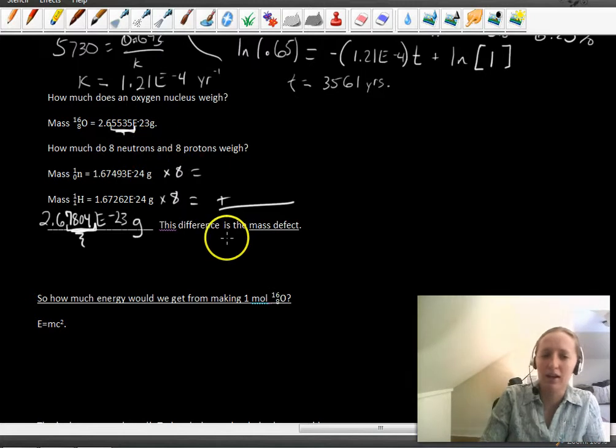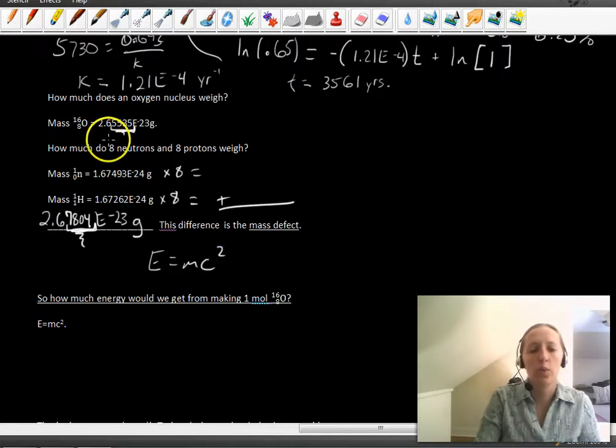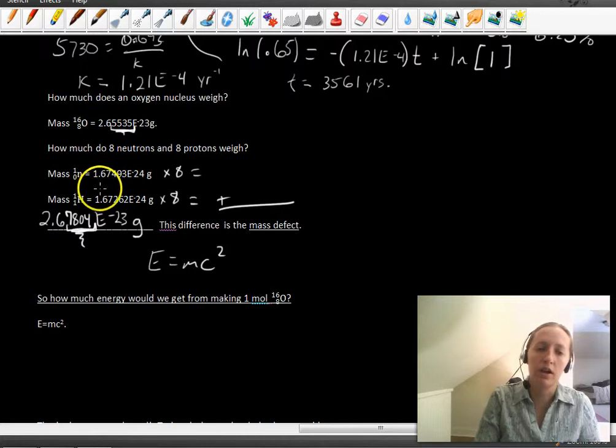The reason for that comes to E equals mc squared, which is when the particles are together in a nucleus, they are more stable, which means that they are lower energy. When the particles are separated and not in a nucleus and just flying around by themselves, they are unstable. They would sort of prefer to be in a nucleus crammed together.